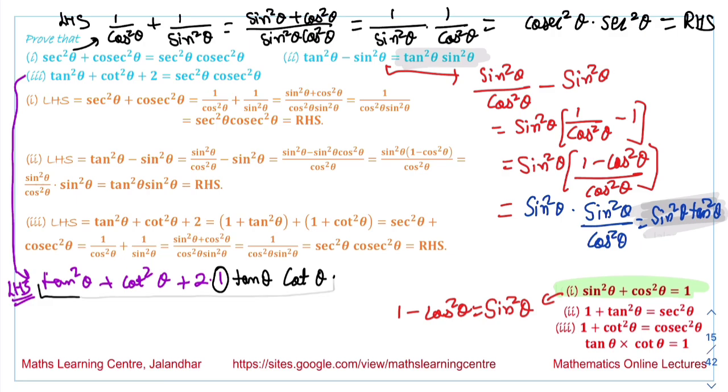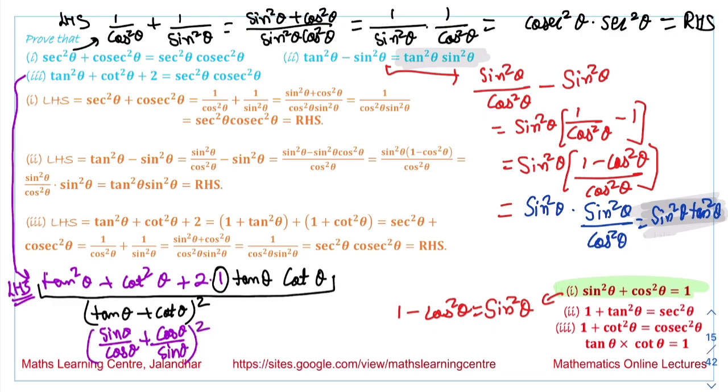So this whole term will be (tan theta plus cot theta) whole square, and this we can write as (sin theta over cos theta plus cos theta over sin theta) whole square.